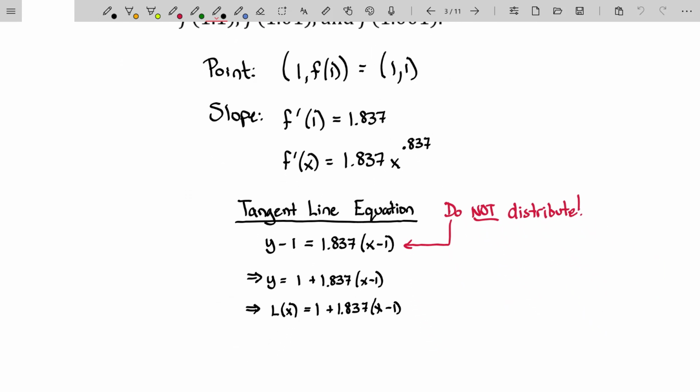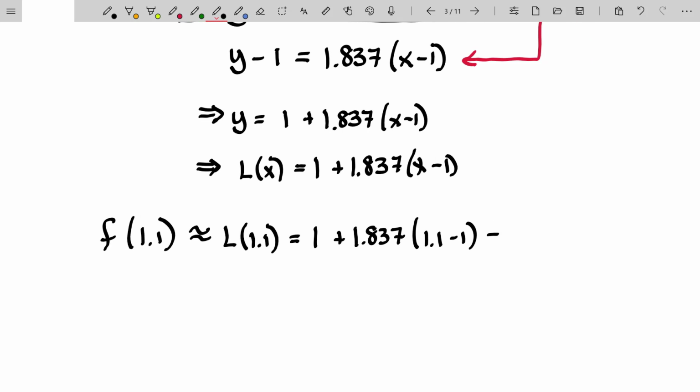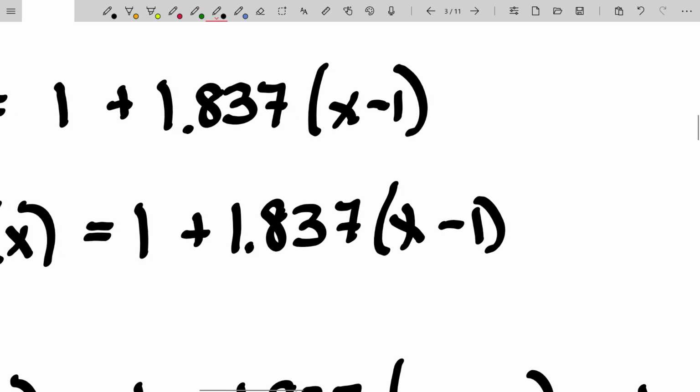So f of 1.1. Well, that is approximately our tangent line at 1.1. And our tangent line at 1.1 is 1 plus 1.837, and we're plugging 1.1 in for x. And now you should probably see why I'm saying do not distribute that 1.837 to the x and the 1 there.